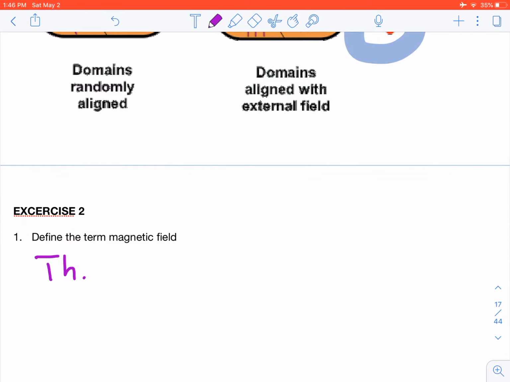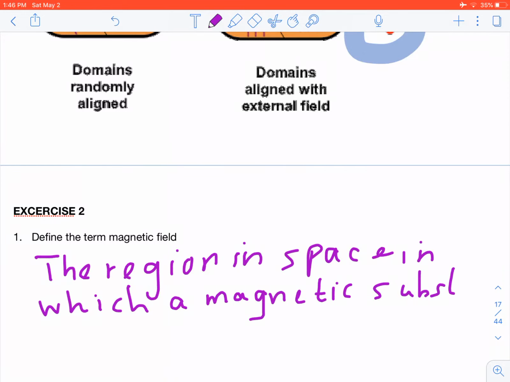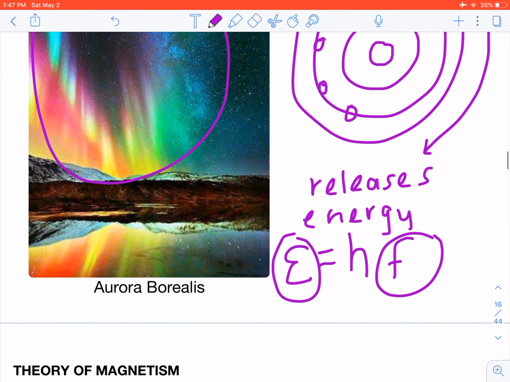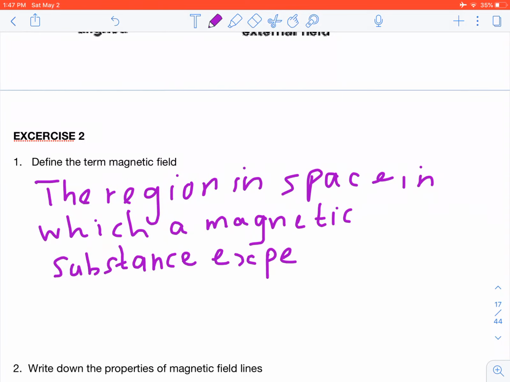It's the region in space in which a magnetic substance will experience a force.